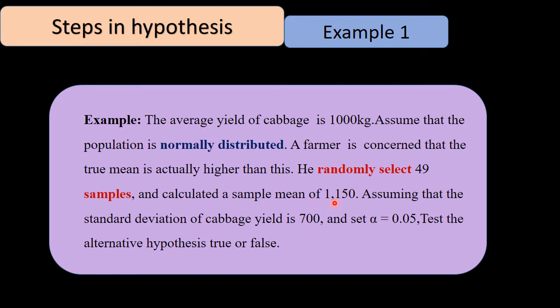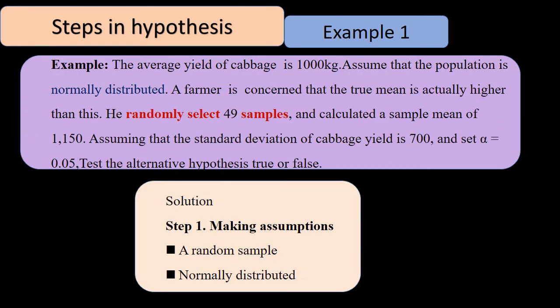He randomly selected 49 samples and calculated a sample mean of 1150. Assuming that the standard deviation of cabbage yield is 700 and setting alpha as 0.05, test whether the alternative hypothesis is true or false.